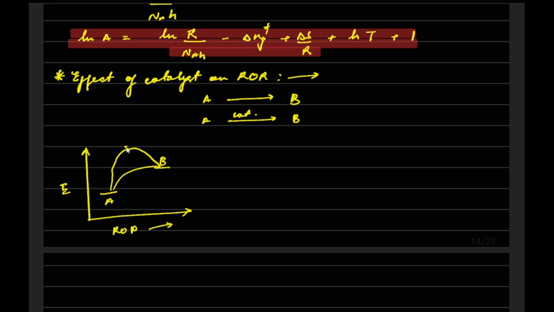So this is for normal, without catalyst. This is for path 1, this is for path 2, this is with catalyst, this is without catalyst. So the activation energy of the uncatalyzed reaction will be greater than the activation energy of the catalyzed reaction.